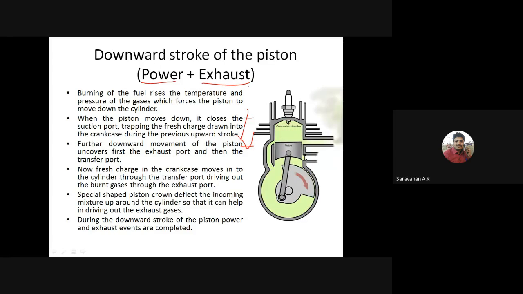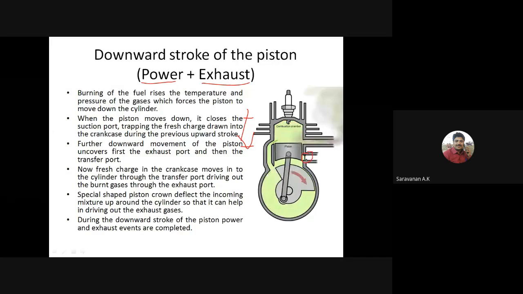By the burning of the fuel, the temperature as well as the pressure increases. That pressure forces the piston to move from the top to the bottom.